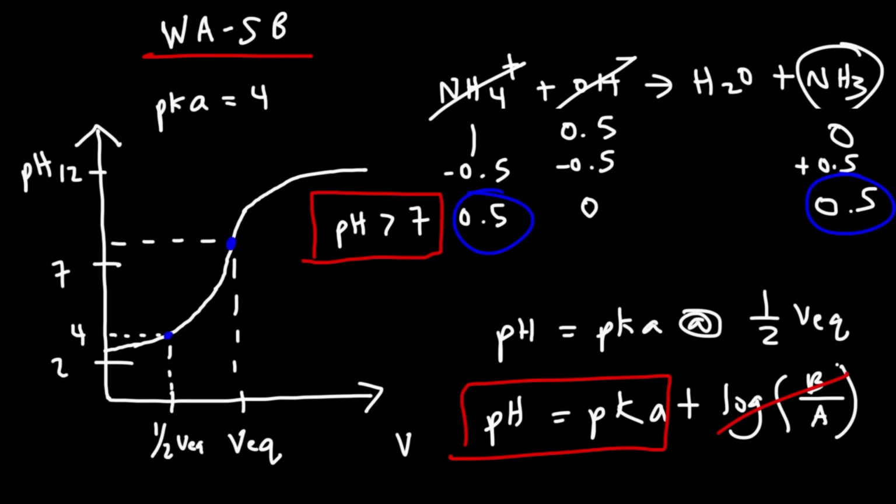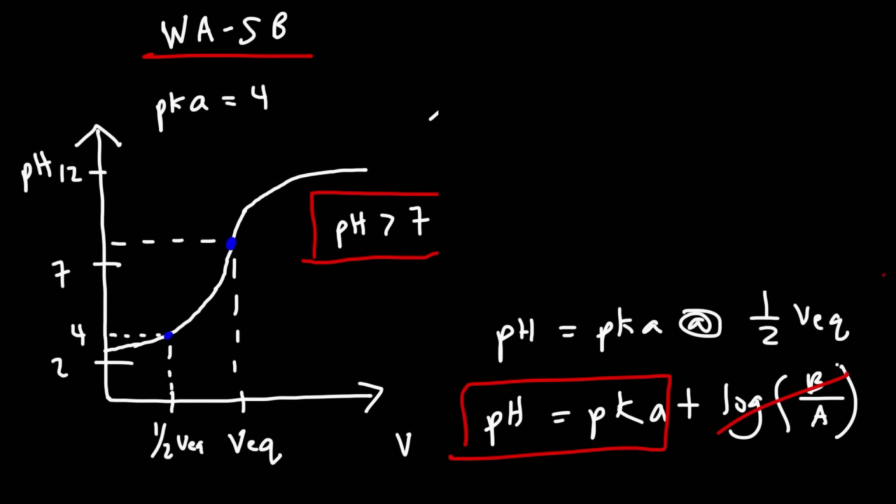So that's why at half the equivalence point, the pH will be equal to the pKa, and you can identify the Ka of the acid. So once you get the pKa from a titration curve, the Ka of the acid is going to be 10 raised to the negative pKa. So that's what you need to know when dealing with a weak acid, strong base titration curve.